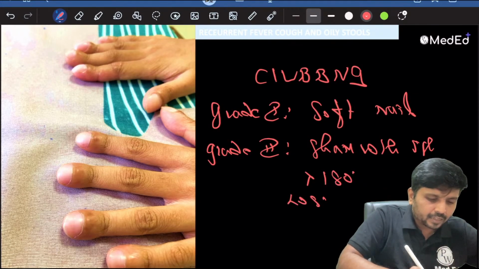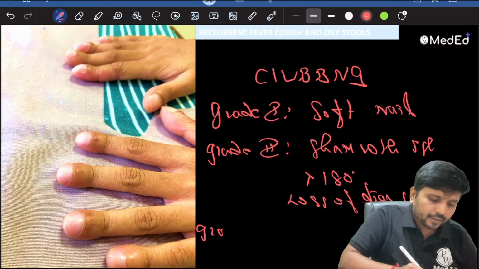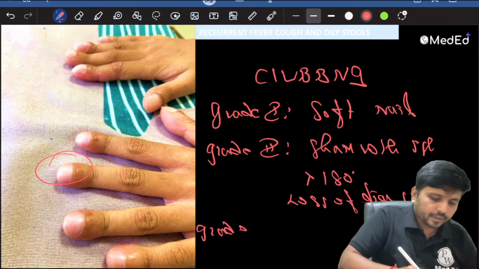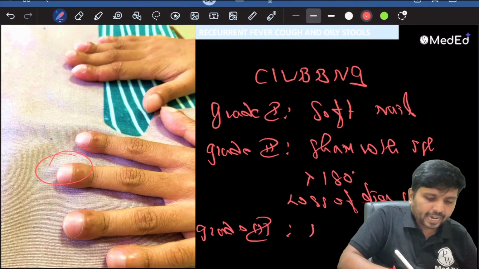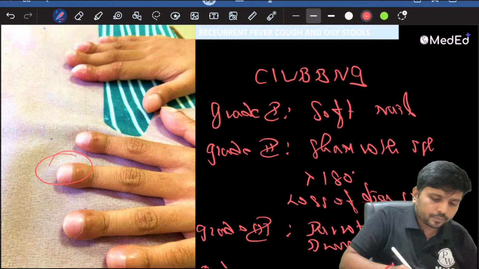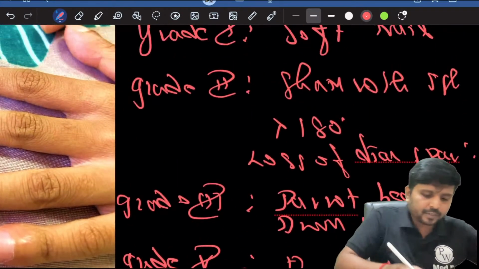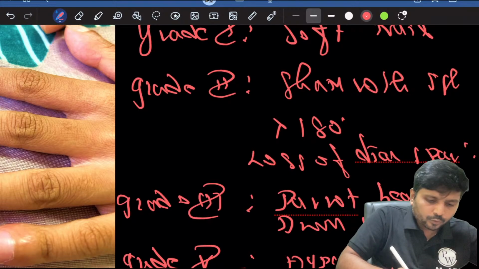Shamroth sign is loss of diamond space. Grade 3, parrot beak or drumstick. Grade 4, hypertrophic osteoarthropathy.